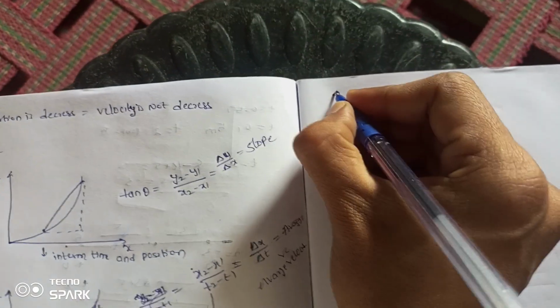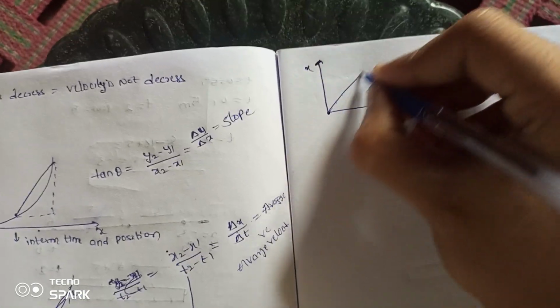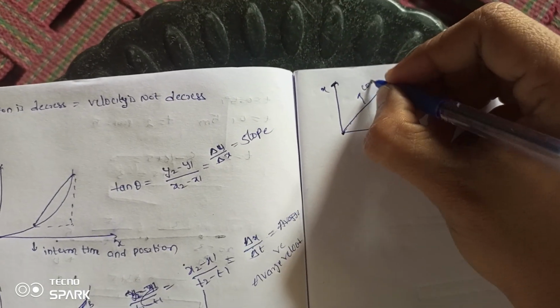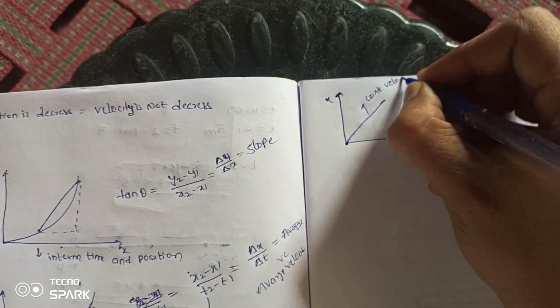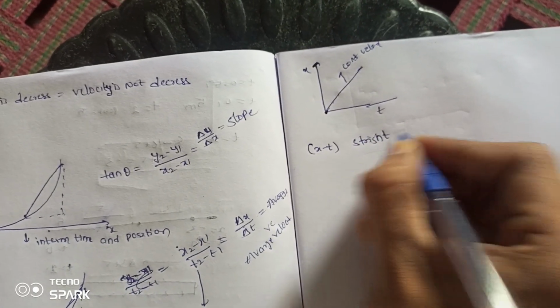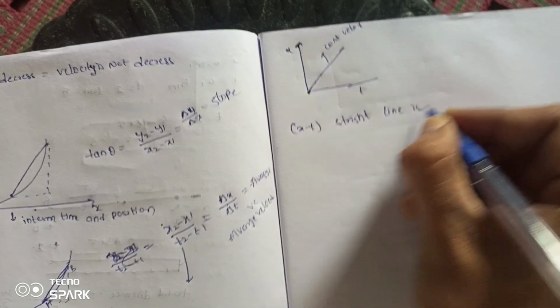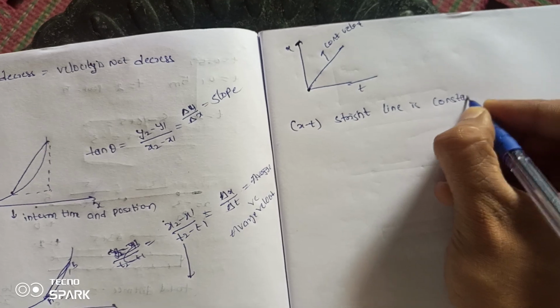And next, suppose the position and time graph is a straight line, it is a constant velocity. An xt graph that is a straight line is a constant velocity.